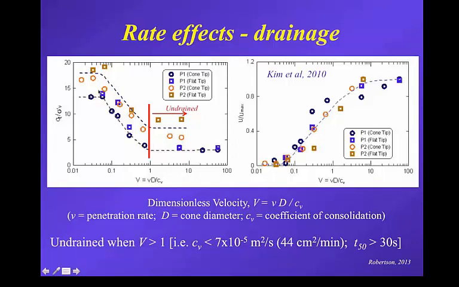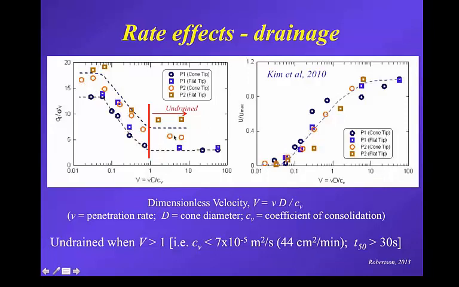Now, in recent years, there's been quite a bit of nice work on rate effects, looking at what the influence of changing the rate is, or another way to look at it, what if you've got soils that happen to have a coefficient of consolidation so that the standard rate of pushing gets you into a spot where there's partial drainage.